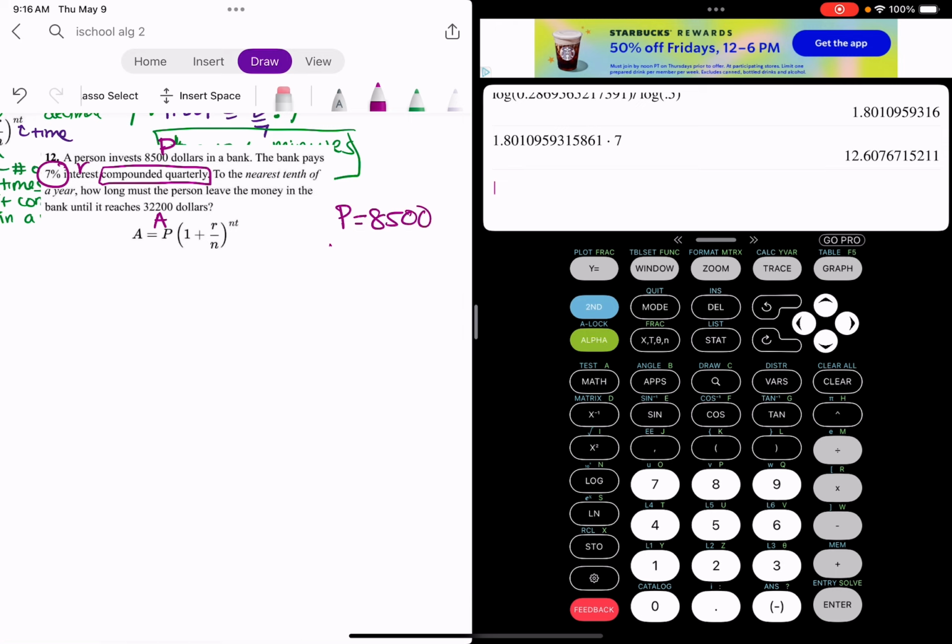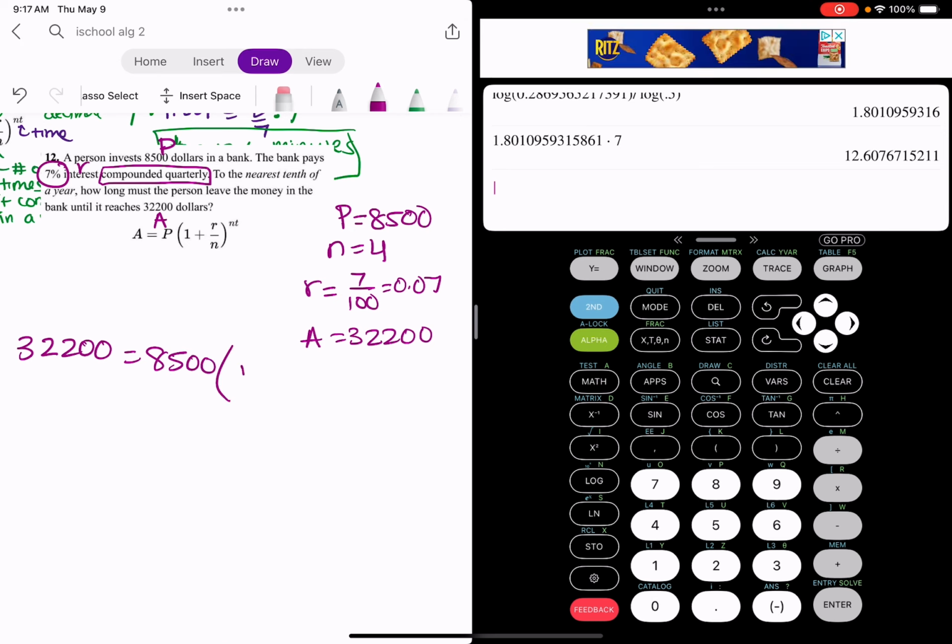So I'm just going to write out everything so that we have it. Remember, 7%, you got to divide by 100. So that gives us 0.07. And then, is that everything? Our A is 32,200. So I'm going to put this in the formula now. So I'm just writing it out.